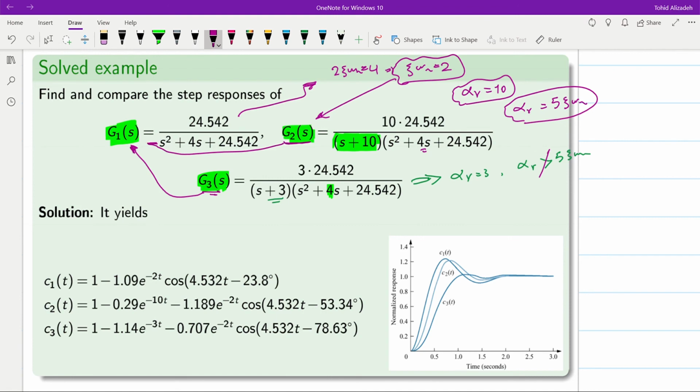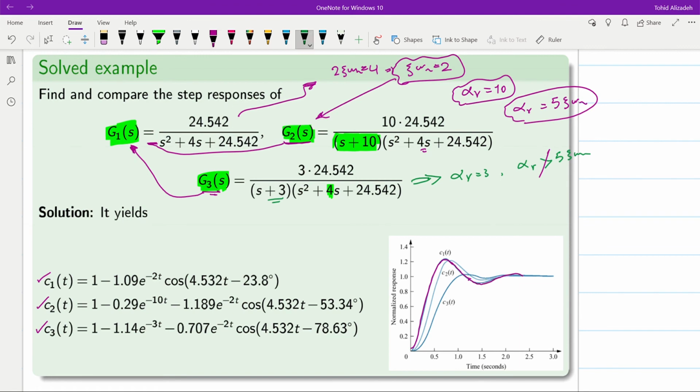Over here you can see what we get for the time domain expressions, C1, C2, and C3, the step response of the systems in the time domain. And over here you can see how they look. C1 is what we get for the second order system, so this is what we get for the second order system with no additional pole.